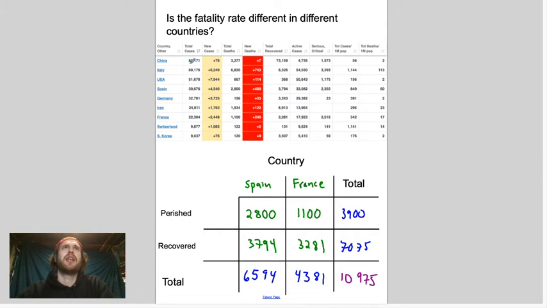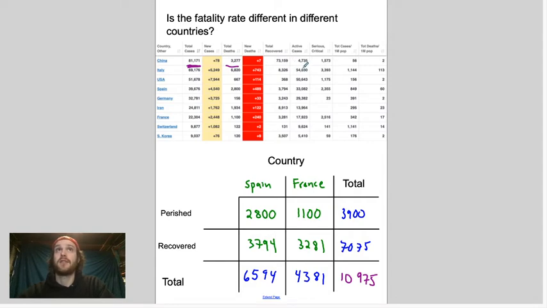And you'll notice that if you look at any country, the total number of cases, I'm only looking at cases that are closed. So I'm only concerned with non-active cases, ones where people have perished or people have recovered.